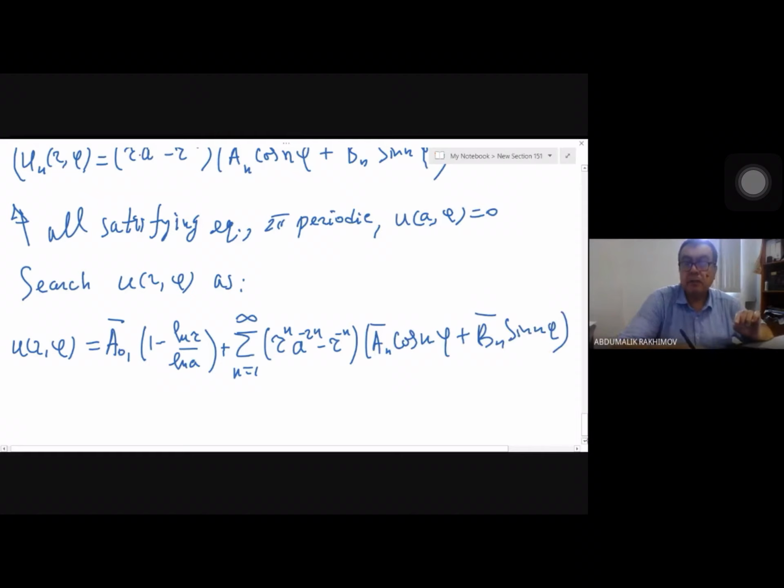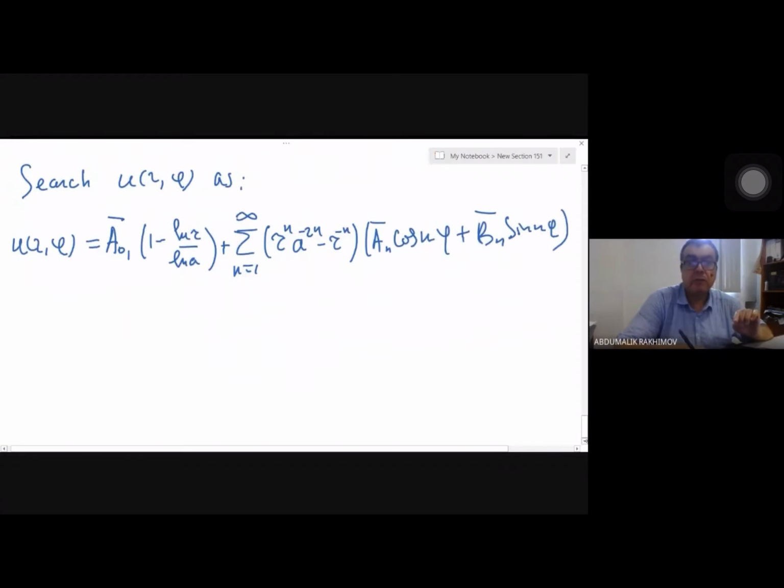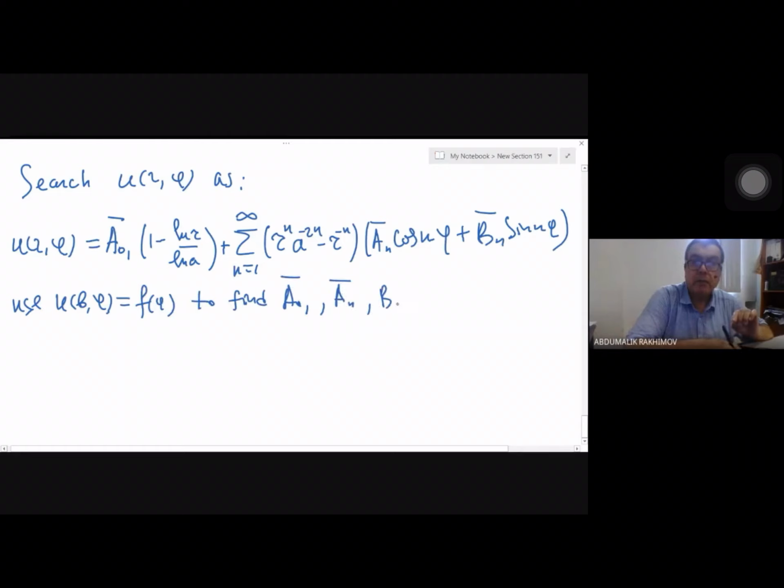So this is the shape of the solution. To find a01 bar, an bar and bn bar, use the last boundary condition, the non-zero boundary condition u(b, phi) equal f(phi). We can find all these coefficients using this condition.